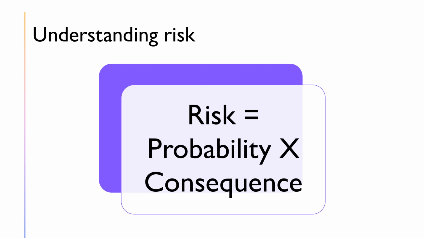They need to quantify the probability of their action causing a change in performance, and they need to determine the impact or consequences of that change in performance. As you can see, risk is probability of failure times consequence of failure.